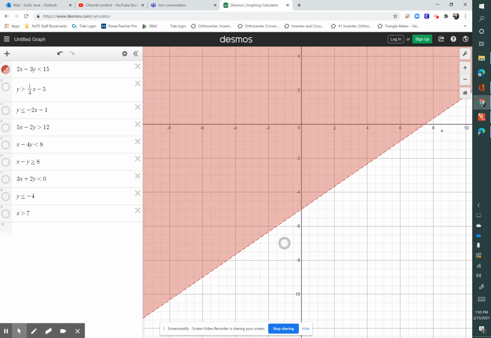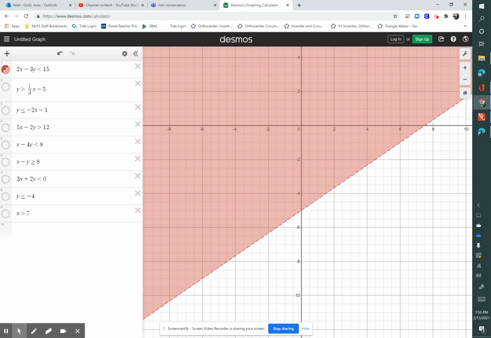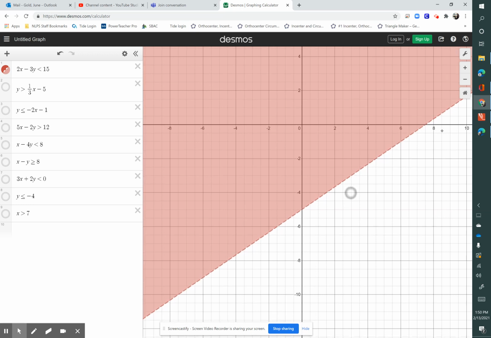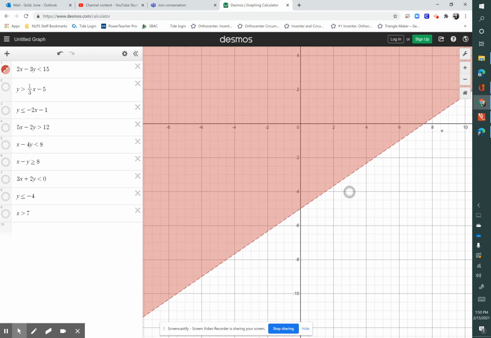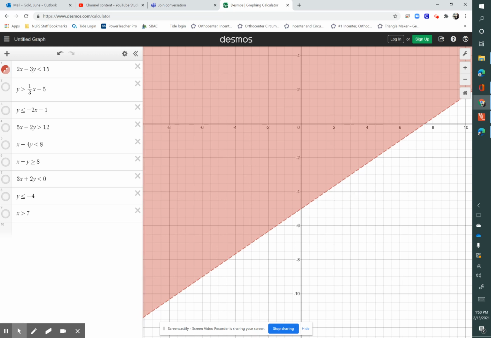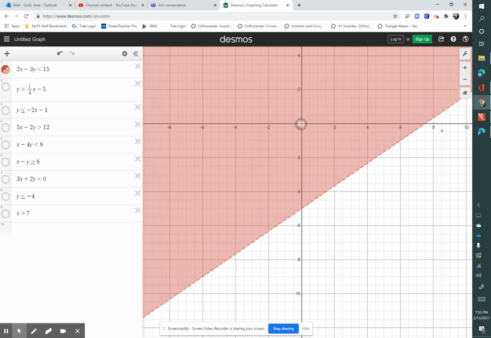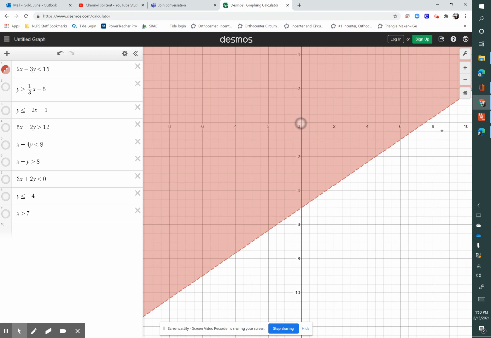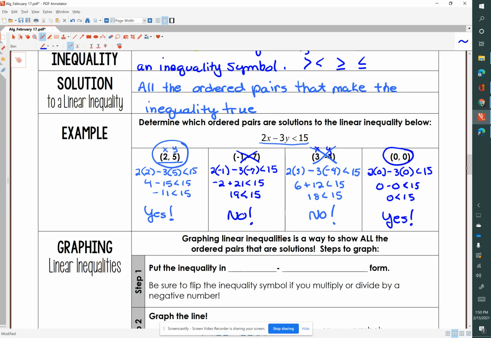It's not part of the solution. Then we also had 3, -4, which is right here. You can see that is not in the shaded area, not part of the solution. But our fourth tested point was 0, 0, the origin, and you can clearly see that the origin is part of the solution. So let's go back to our notes.